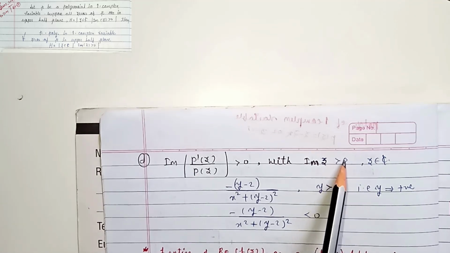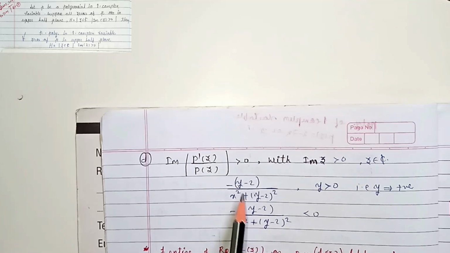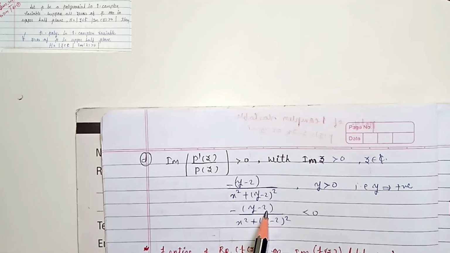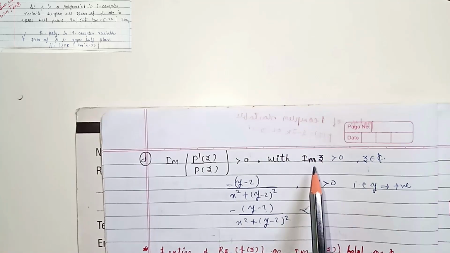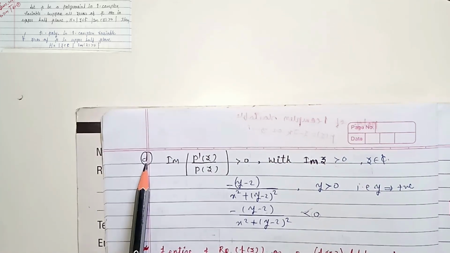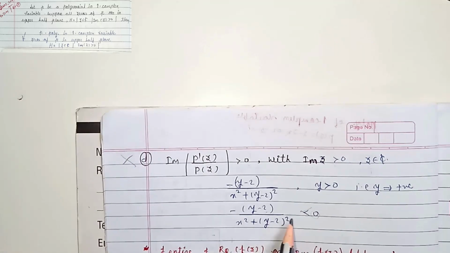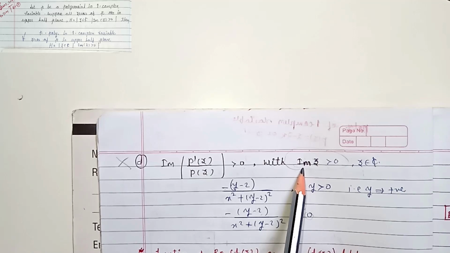If we take it bigger than 0, then y is positive, and that term still remains negative, so it goes to smaller than 0. It is the opposite of option number C. In option C we were given imaginary part smaller than 0, and this is a total converse of option C. So if option C is correct, then option D is wrong, because it is only the converse part of option C.